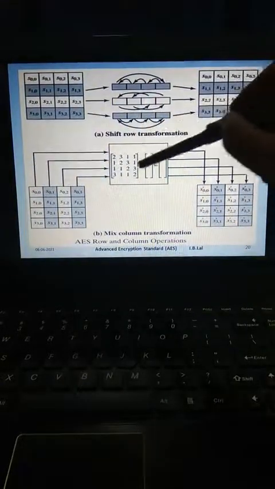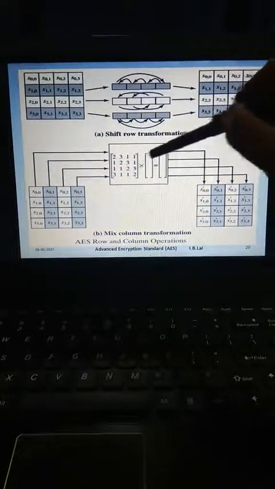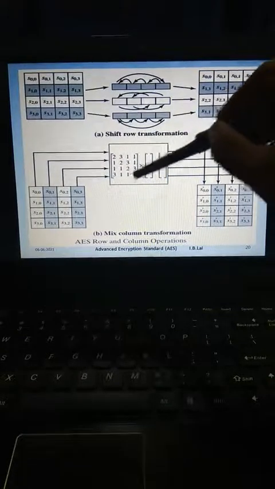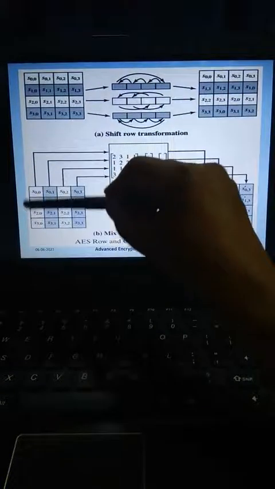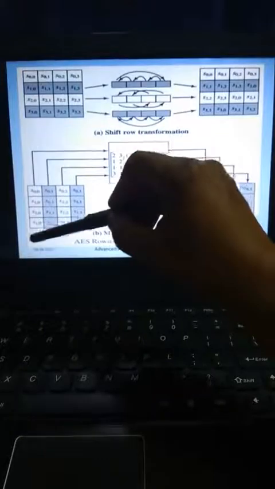Now by multiplying these two matrices, this predefined matrix and one word from this matrix, would be placed here. So S00, S10, S20, S30 would be placed here.